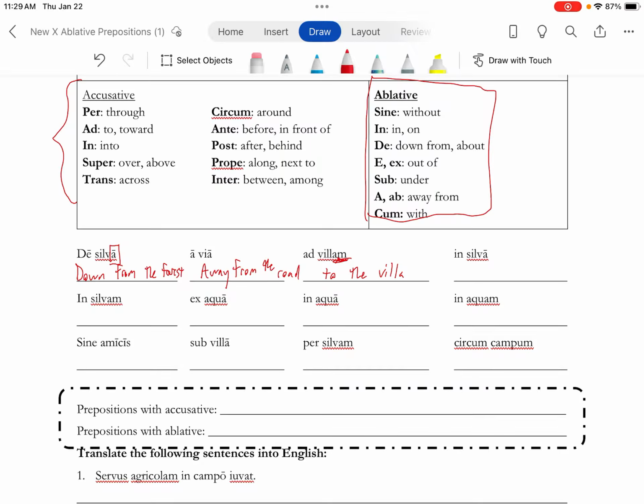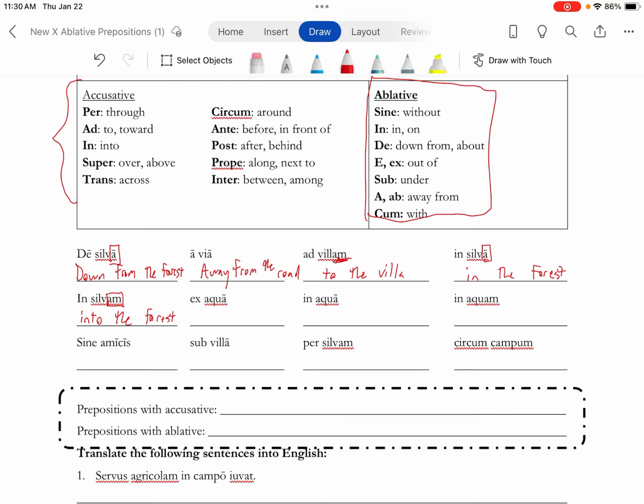In silvā, this is an ablative, so in the forest. And with that one, you'll notice that there's in with the accusative and in with the ablative. In silvam, this is the accusative, so if we go to the accusative in, it's going to be into the forest.